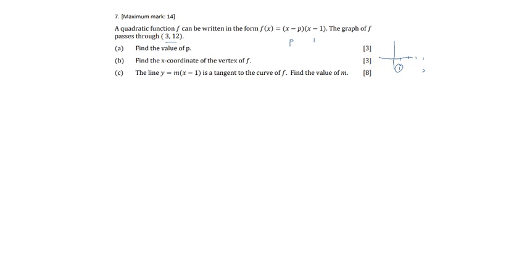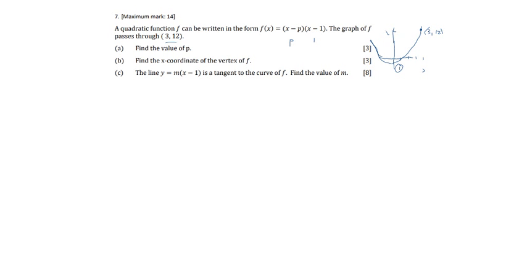But we have also another condition where one of the points is (3, 12). It looks like the parabola is positive because there's no indication it's negative here. So it looks like probably this one. If the parabola is positive, we expect p to be at the left of 1.